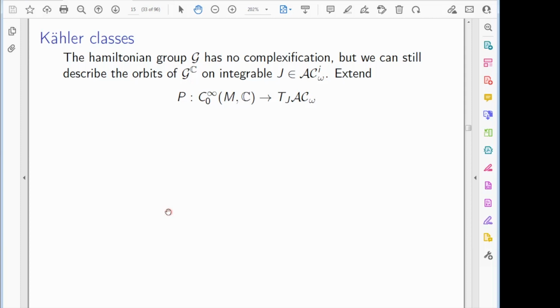This group doesn't exist, but you have this orbit. And this is actually not that hard to prove. It follows from Moser's argument.